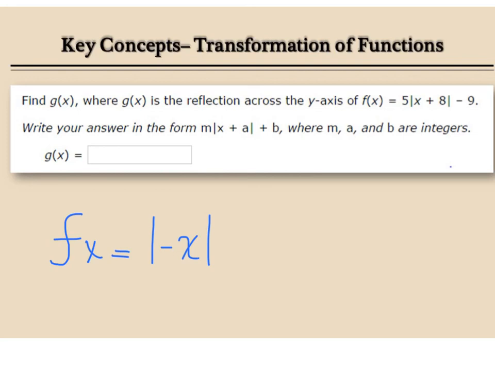So I don't change any of the outside numbers. So I have 5 times the difference of x minus 8 minus 9. So notice when I'm doing a reflection across the y-axis, I only change the sign of the number.